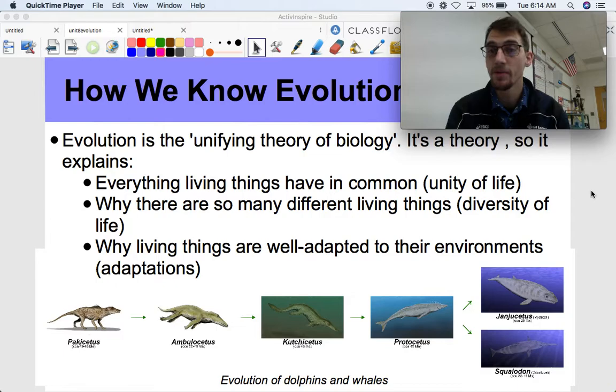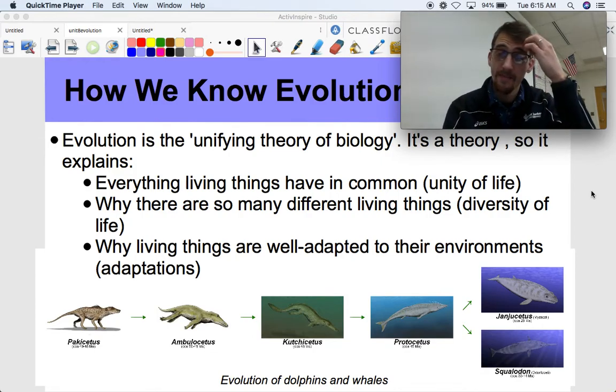These are the three main things that evolution explains. It explains why living things have so much in common, the unity of life. It explains why there are so many different living things, which is the diversity of life. And it explains why living things are so well adapted to their environment.